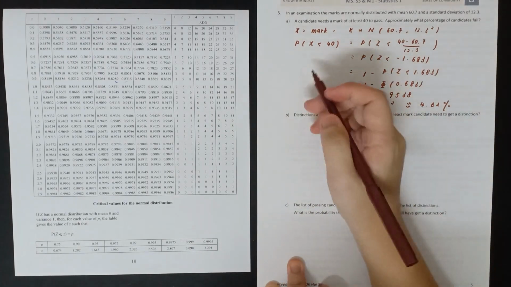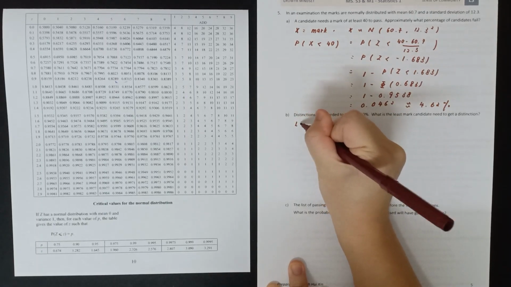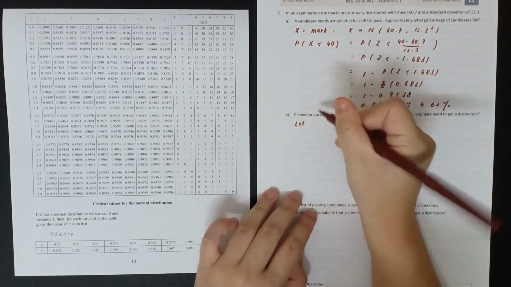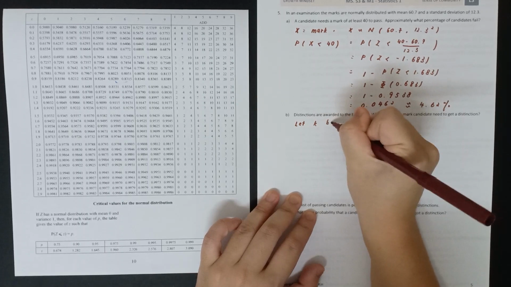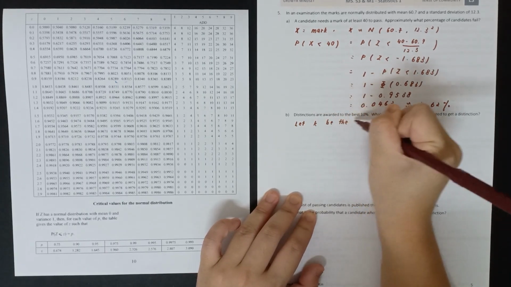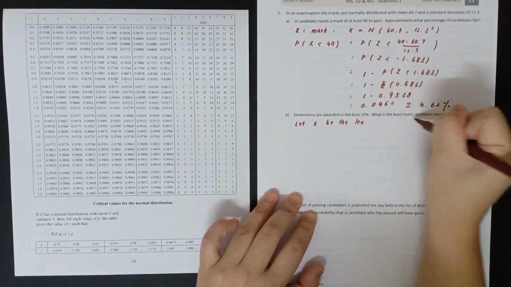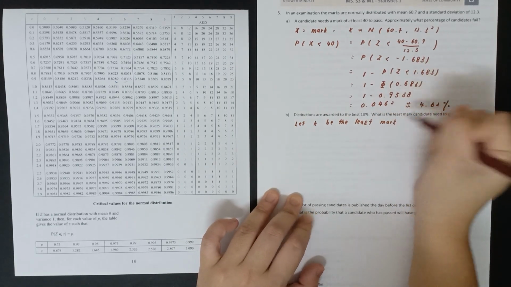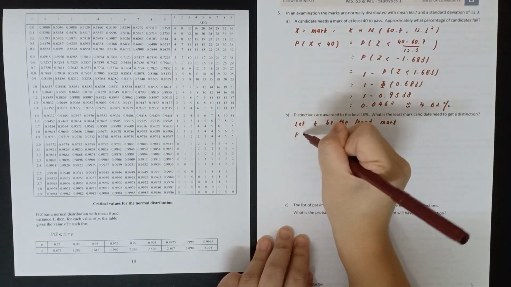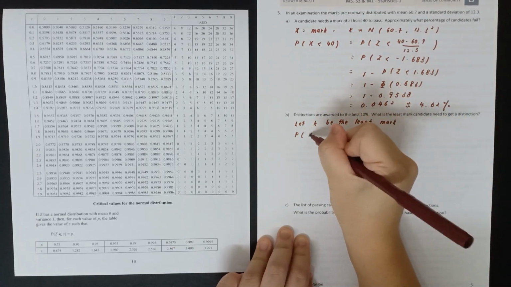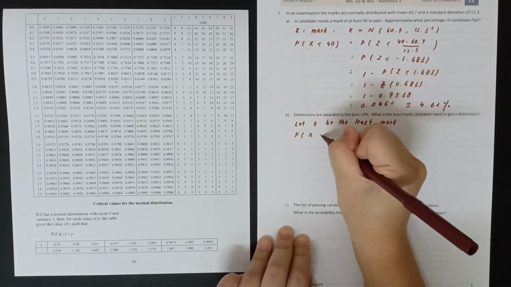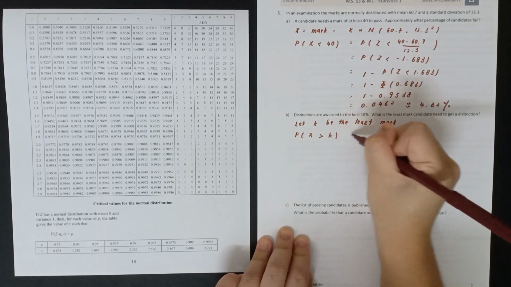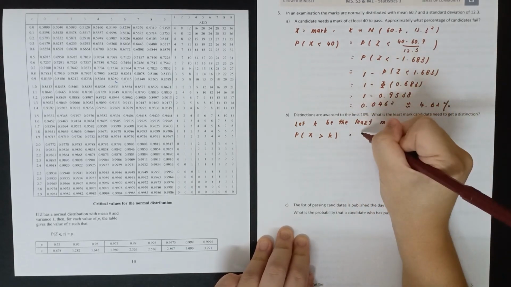So I can try to assign a variable first. Okay, so maybe I'll write: let K be the least mark. Because this is what I want to find, right? So let K be the least mark. So the probability for me to get a student that has a mark more than the least mark is how much? 10%.